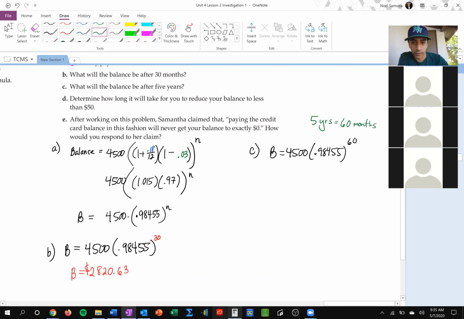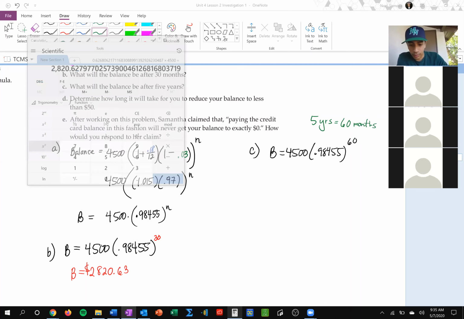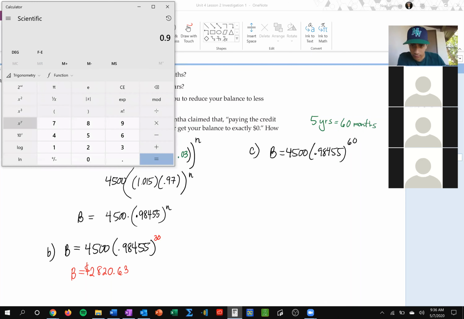So 0.98455 to the 60th power times 4,500. It's dropped down to 1,767.98.